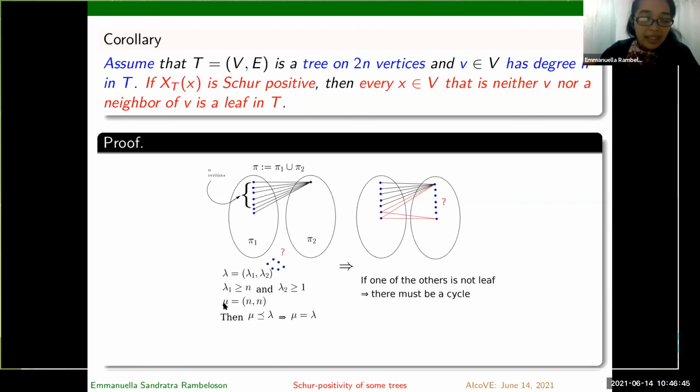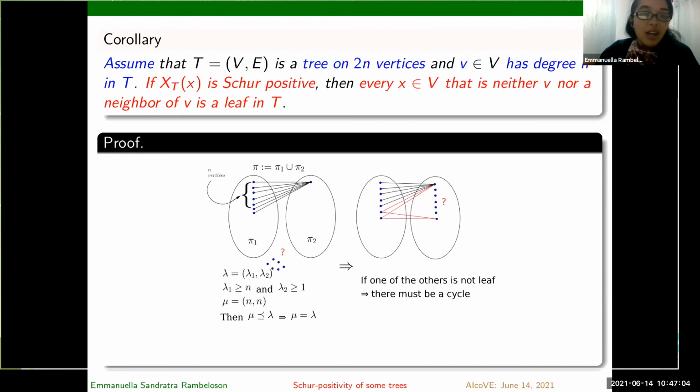And now if we take mu equal to (n, n), a partition of 2n, then we must have that lambda dominates mu. Why? Since lambda 1 is at least n.